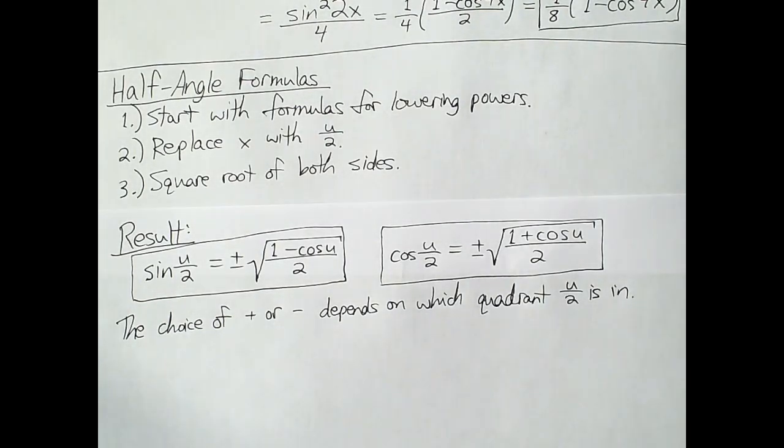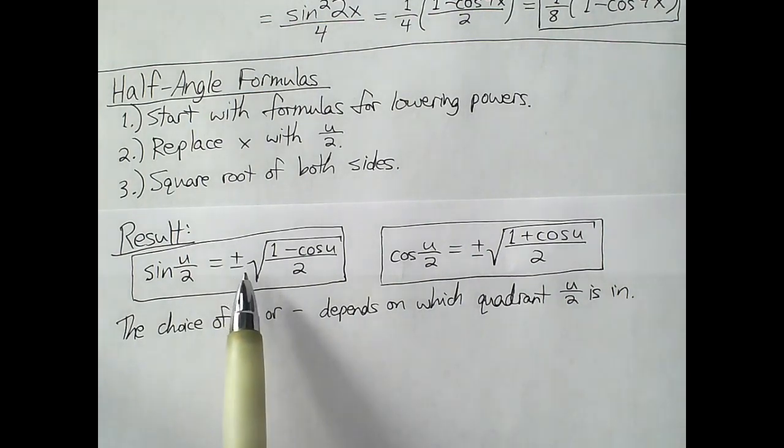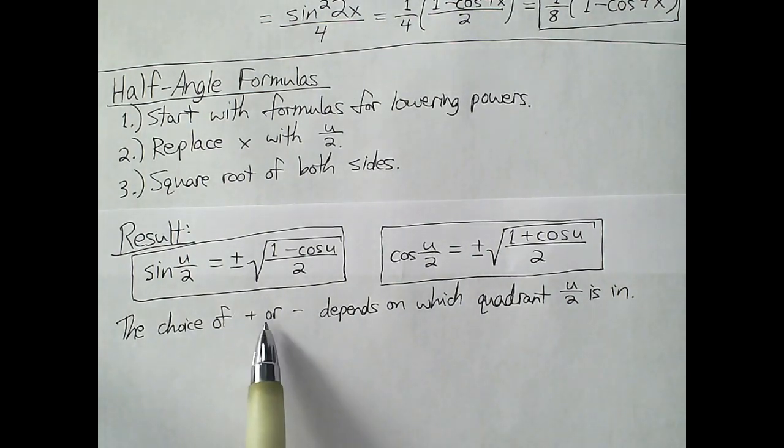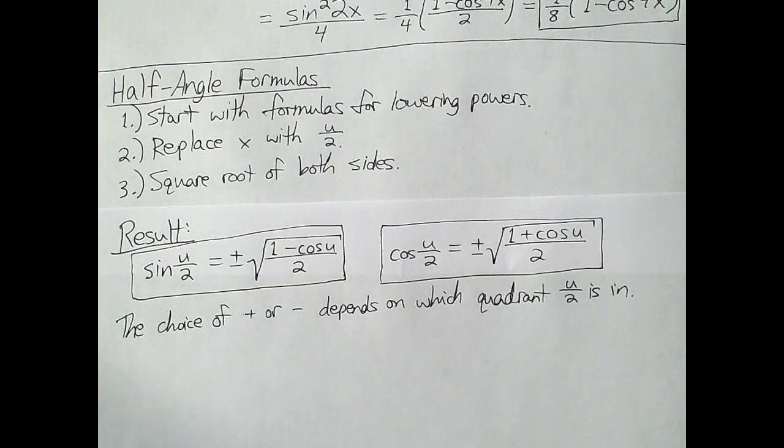It's pointing towards some quadrant, and in whatever quadrant u over 2 is pointing to, we can figure out if sine is positive or negative in that quadrant, if cosine is positive or negative in that quadrant. For example, if u over 2 is an angle that's small enough that we're pointing into quadrant 1, then we know sine is positive and cosine is positive. So you don't actually have a plus or minus symbol in your answer. You determine, is it plus or is it minus, and then you write the correct one.